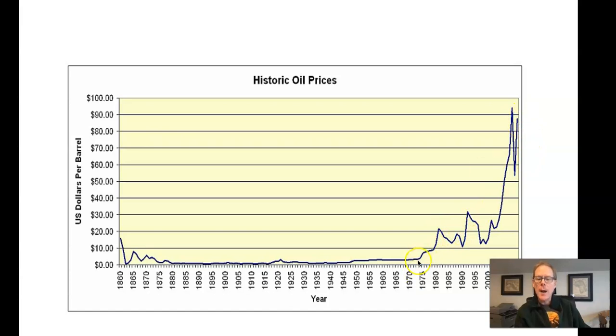We're going from about $4 a barrel to $80 to $90 a barrel. Why is that? Well, simple answer once again, OPEC. The Organization of Petroleum Exporting Countries forms in 73, 74, and that's when you see this increase. They're controlling the production and therefore the price of this commodity.